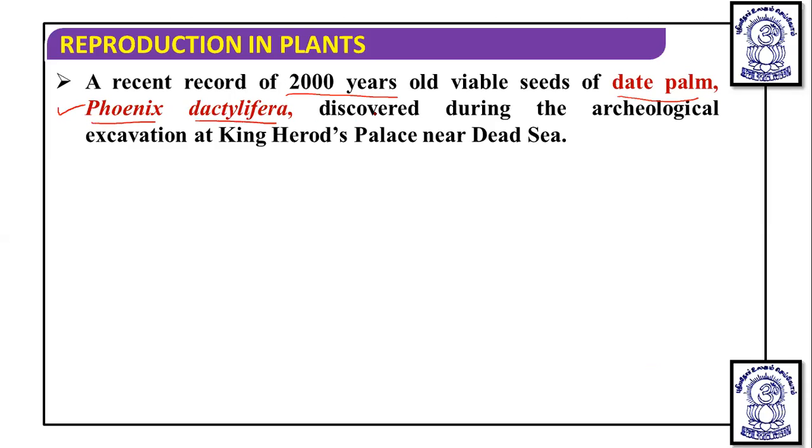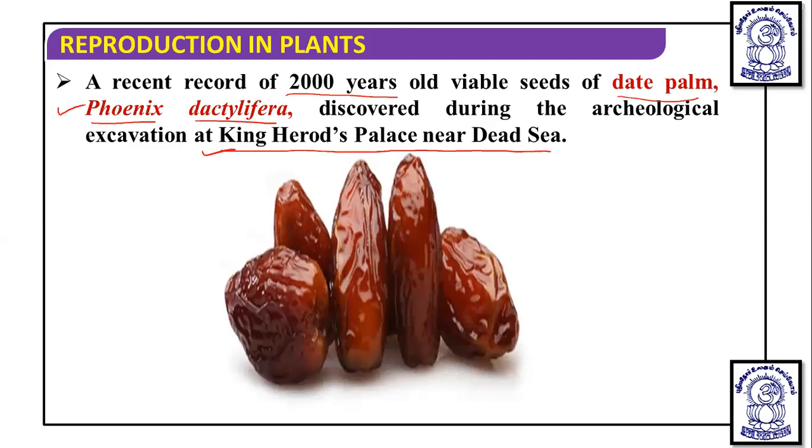These Phoenix dactylifera date palm seeds were discovered during the archaeological excavation near King Herod's palace near the Dead Sea. So remember the 2,000-year-old viable seeds obtained during the excavation from King Herod's palace. And this is a date palm which was observed there. So date palm has how much? 2,000 years of viability.